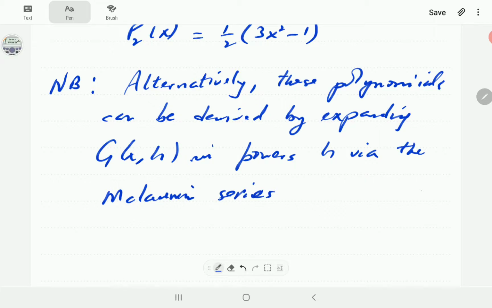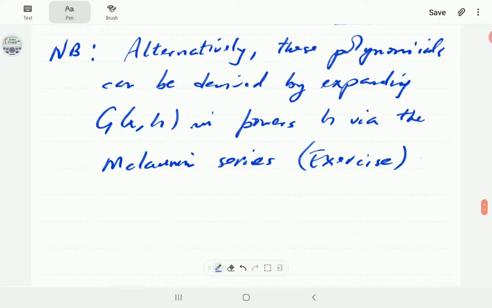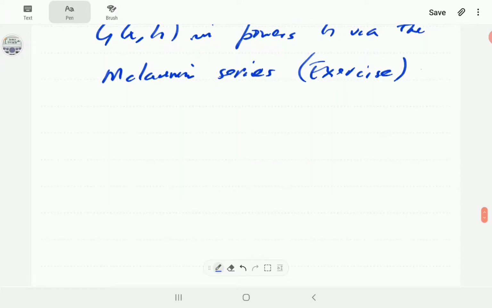So it's going to be a good exercise for you to go through this process and indeed confirm that we get the same result as this. So if again in that process you just work things out up to h squared, then that would be good enough for now.